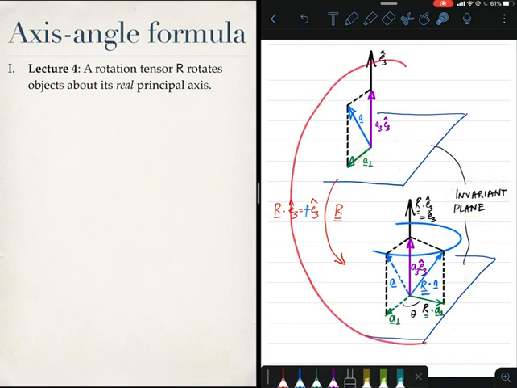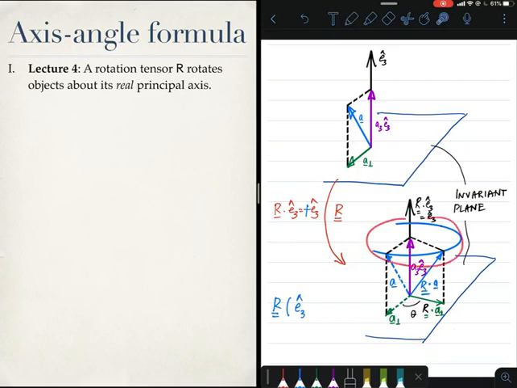So from this picture, it seems like every rotation tensor R basically requires the specification of the principal axis E3 about which it's going to rotate things, and the angle theta, which is the angle by which it will rotate things.